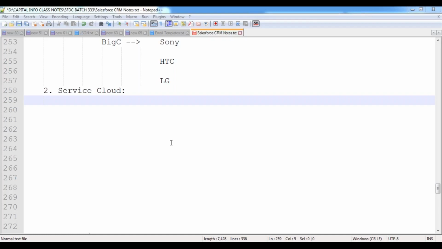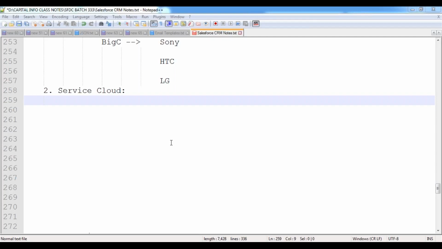For an organization, service is very, very important, because a customer will buy the product only once. But as an organization, it is my responsibility that I always have to stay with the customer. Whenever the customer is facing some issue, whenever the customer needs my support, I have to stay with the customer and resolve the customer's problem.